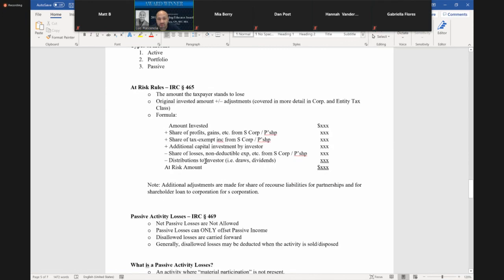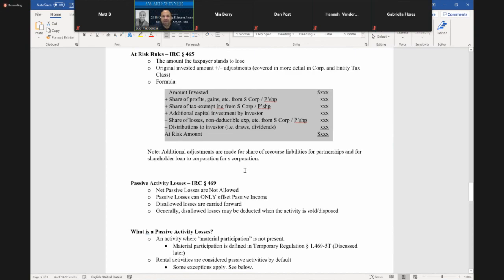Pretty straightforward, right? The most that I stand to lose is whatever I put in, plus or minus a couple of adjustments. I'll go over some of these adjustments, just the basic overview, so you can understand it. But again, just follow the basic rule. The most that I stand to lose is the most that I can deduct. So that's rule number one, the first hurdle.